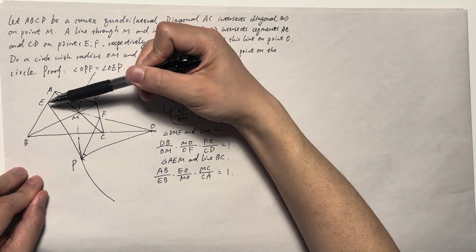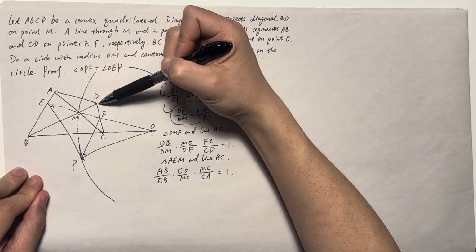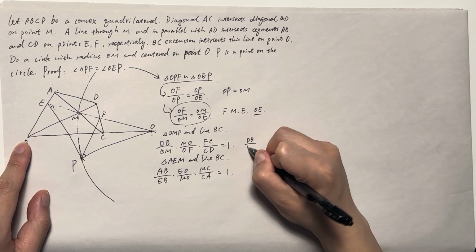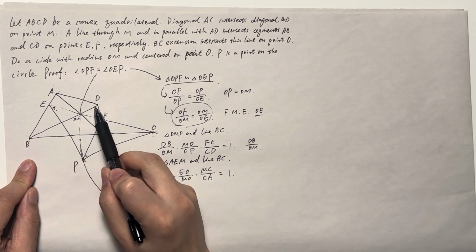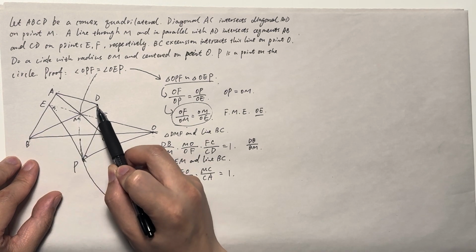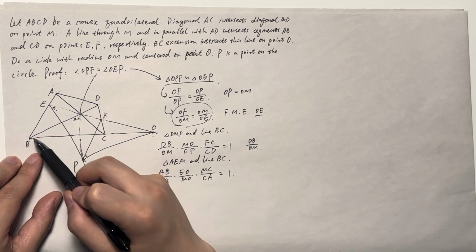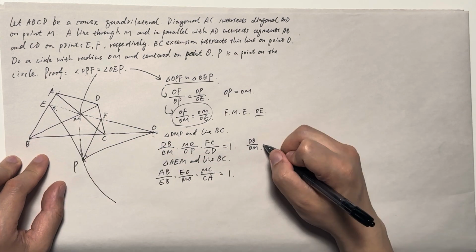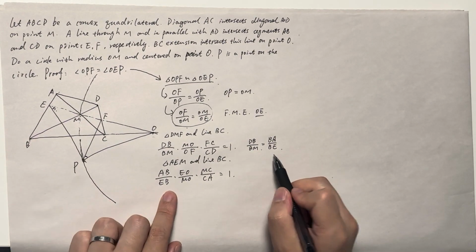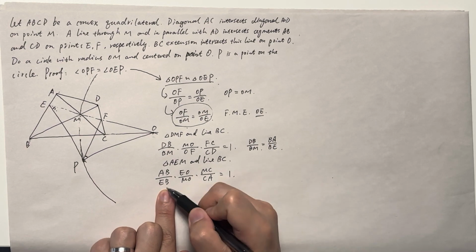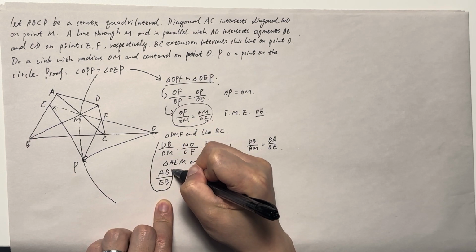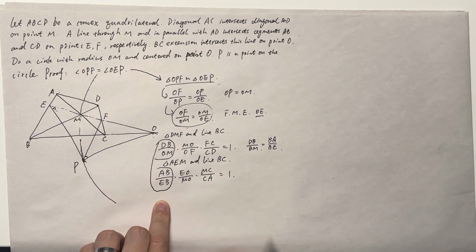Now, because EF is parallel with AD, the ratio of BD to BM equals the ratio of BA to BE. We find that BA divided by BE is this term, so these two terms are equal.